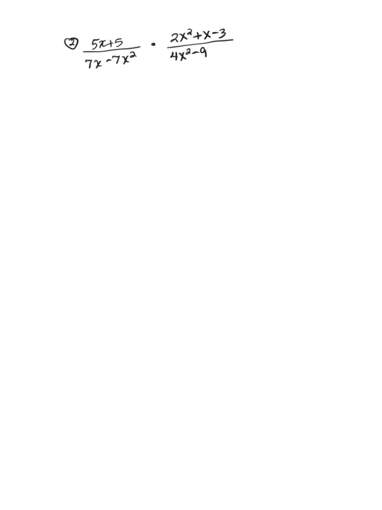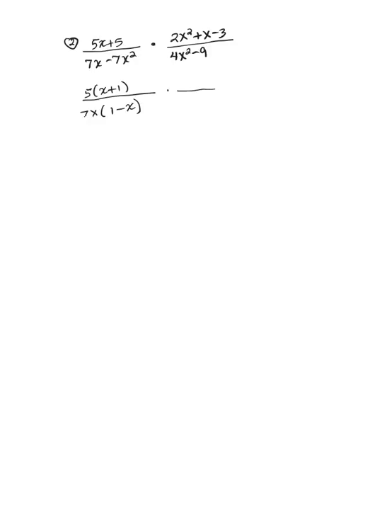Okay, so let's copy the next problem and let's follow the guidelines listed on the previous page. So what we'll do is we'll completely factor everything. In the first numerator, we could factor out a 5 and get an x plus 1. And in the second one, we could factor out a 7x, so we get 1 minus x.